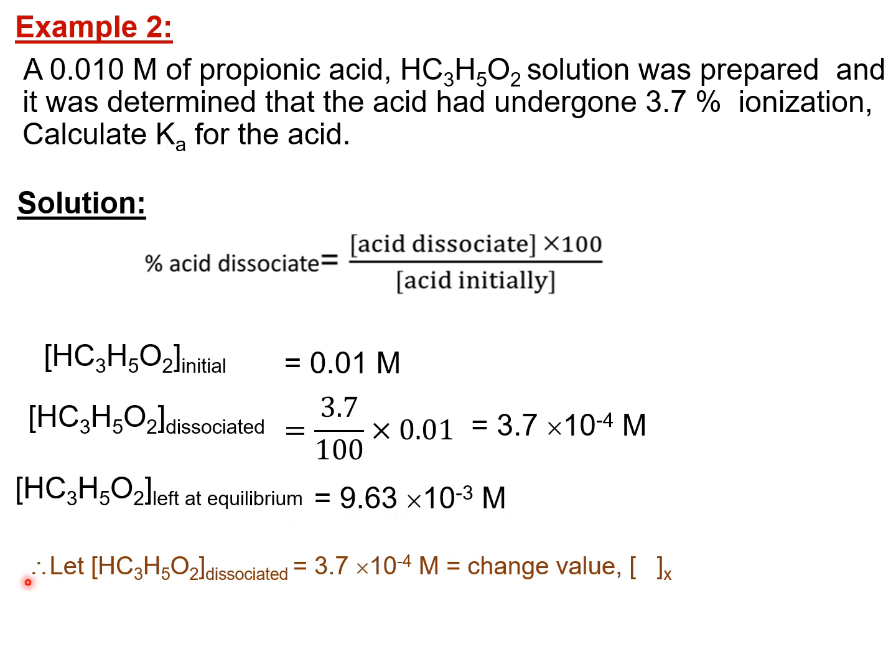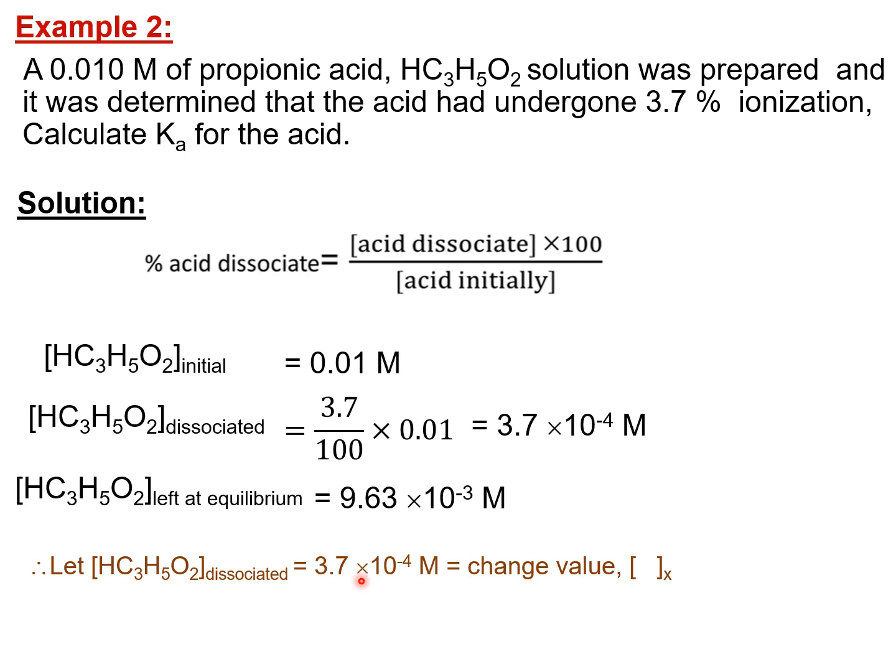Okay, so sekarang kita buat assumption. Let the concentration of propionic acid dissociated is equals to 3.7 times 10 to the power of negative 4 molar. Kiranya this will be equals to the value of change. Yang concentration at change yang X value kan.